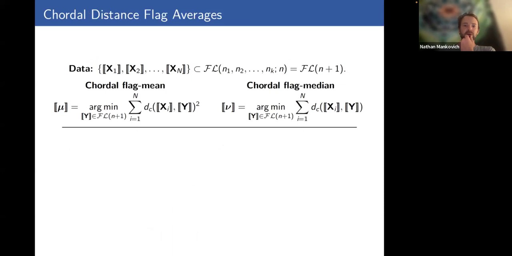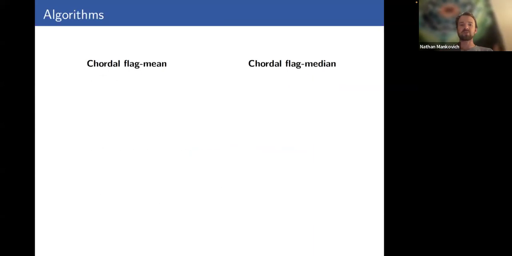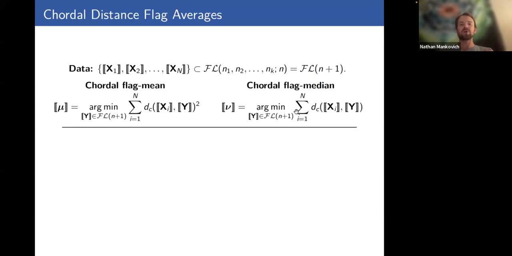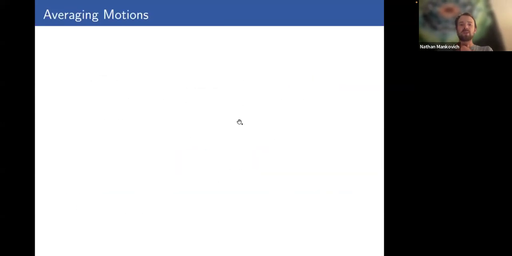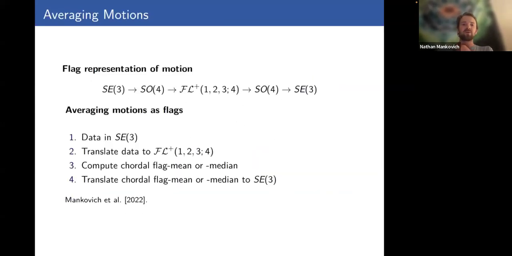We had the first part of the talk where I was talking about averaging subspaces and averaging flags. Then I talked about the principal directions. This first application with Govindu was about averaging flags, actually. The way that we did that is you can take a motion and translate it to a flag of a certain type.